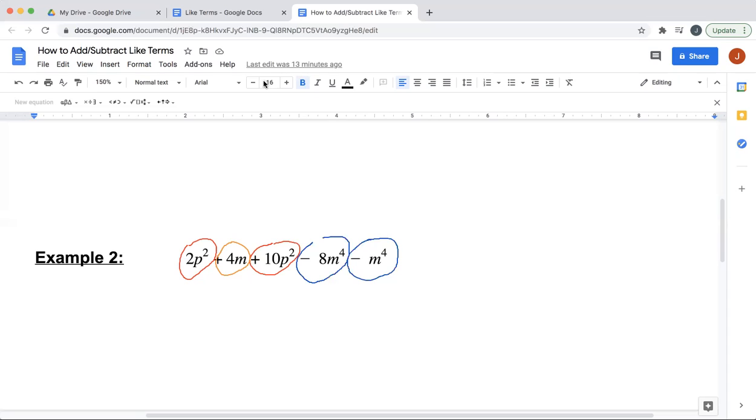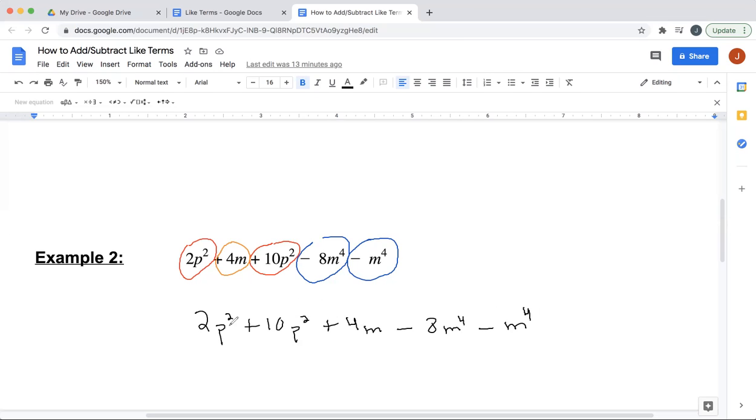So now let's organize them back to back. So I have 2p to the power of 2, and then we have the positive 10p to the power of 2. After this, I'm going to put the 4m, and then we have the negative 8m to the power of 4 minus just 1m to the power of 4.